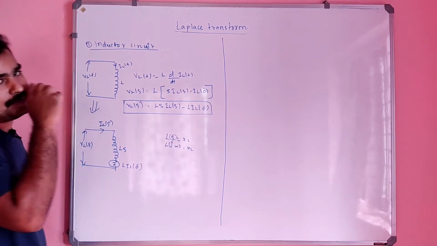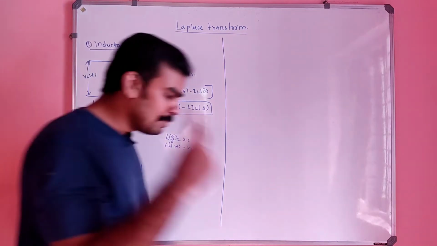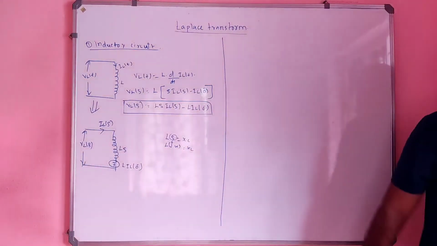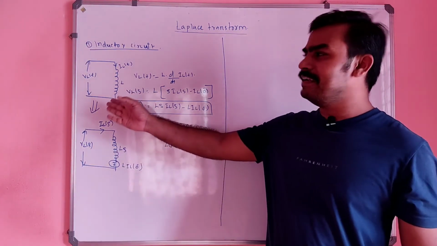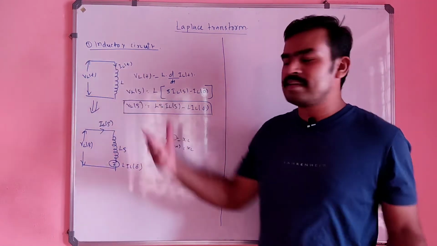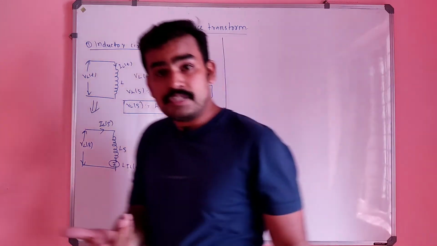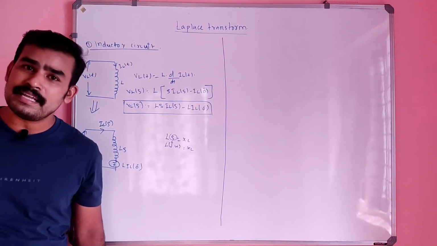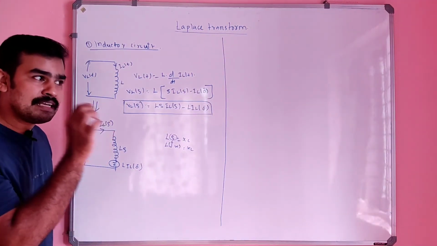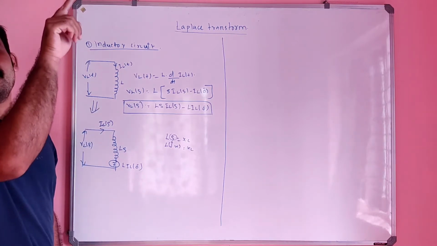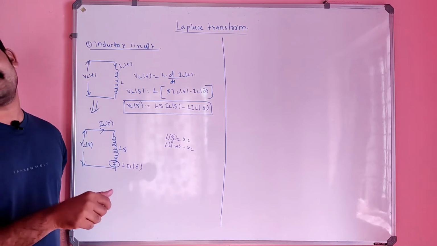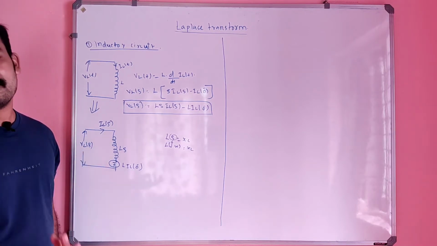Simple. Because Laplace is only applicable for t from 0 to infinity. You may have a doubt about why I didn't write the Laplace equation for the t less than 0 condition. For t less than 0 there is no existence of Laplace, because the definition of Laplace itself gives F of s as the integral from 0 to infinity of f of t into e raised to minus st dt.